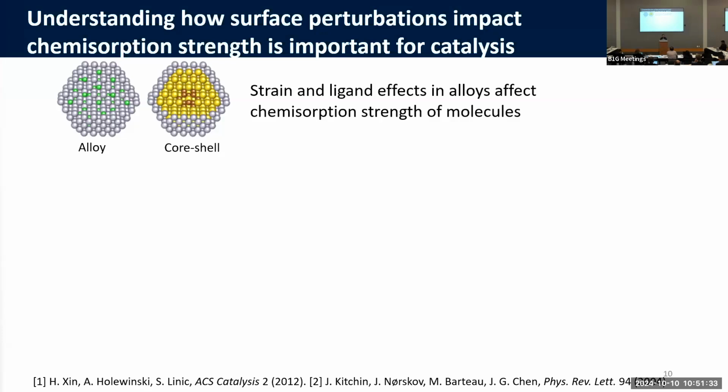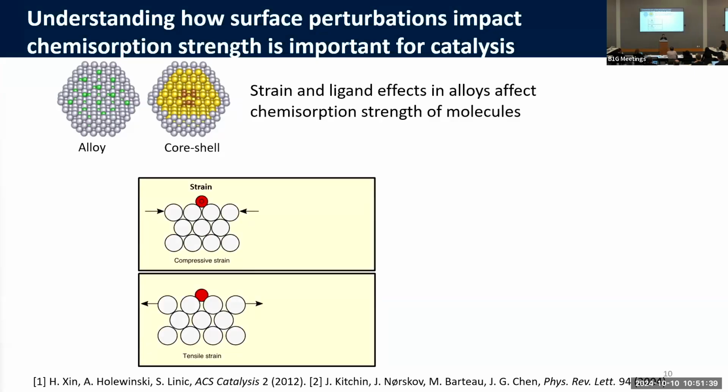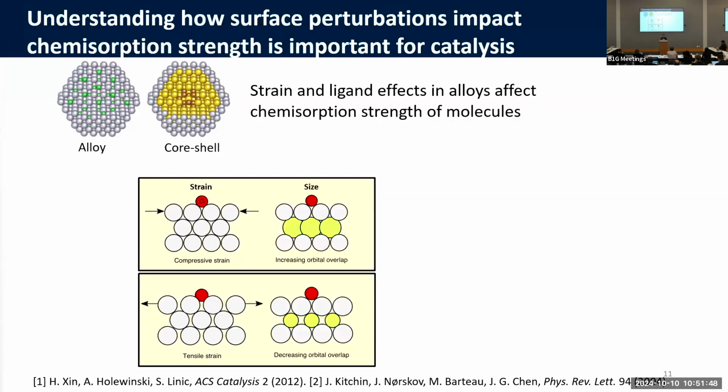Strain and ligand effects are known to be two prominent, not the only, effects that affect adsorption. So when you make these catalysts, they can have compressive strain, they can have tensile strain, when you imagine you have a fixed metal surface and you change the sublayer. So imagine in a core-shell, you dope the subsurface.